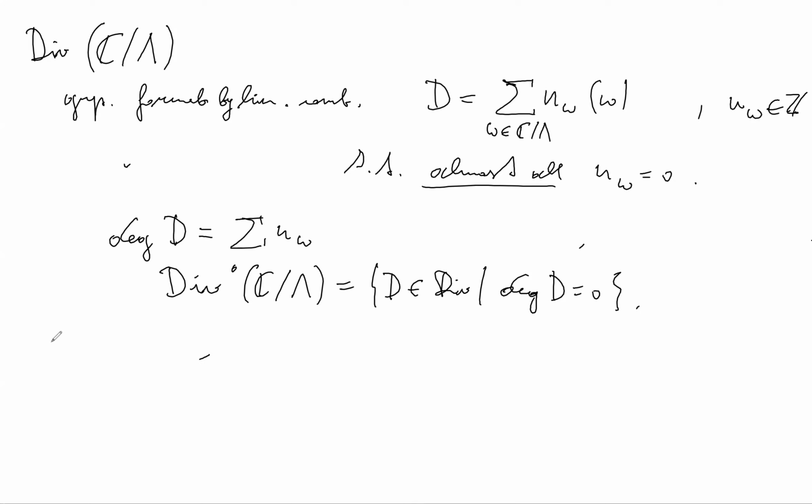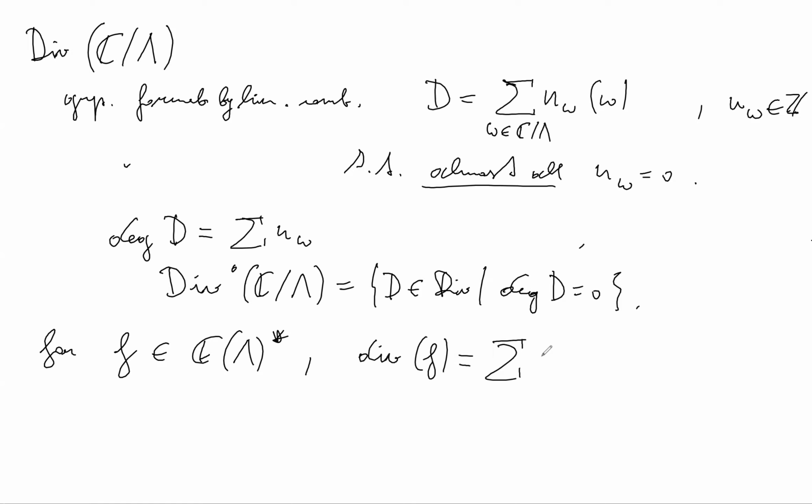And again, for the functions, now I'm only interested in invertible ones. I can define the divisor generated by this function, the sum over the order of vanishing of f at omega.